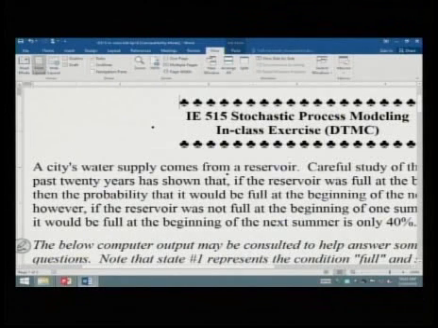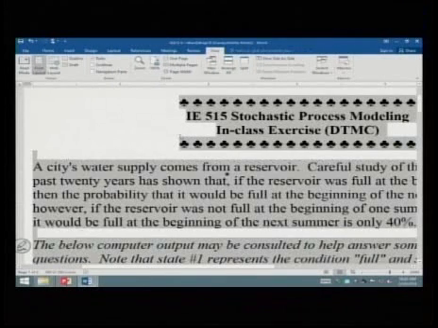So while I'm adjusting this Word documentation, why don't you take some time to read through the problem description, okay? I'm going to get back to you very soon.